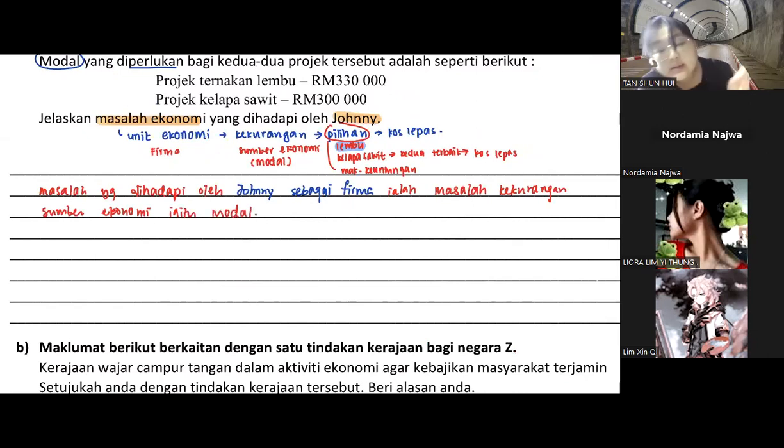All right, then let's blend with your questions, right? So we know, okay, from the textbook, we know Johnny is a freeman, lack of modal, but we don't stop here, because you need to apply with the questions. Kedua-dua project.